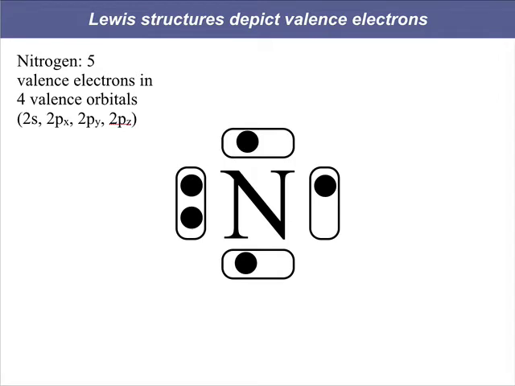Now, that is the Lewis dot structure for nitrogen. We have 3 unpaired electrons and 1 set of paired electrons. So, in order to satisfy these 3 unpaired electrons, and in doing so give nitrogen an octet, we need to bring in 3 electrons from some other source.